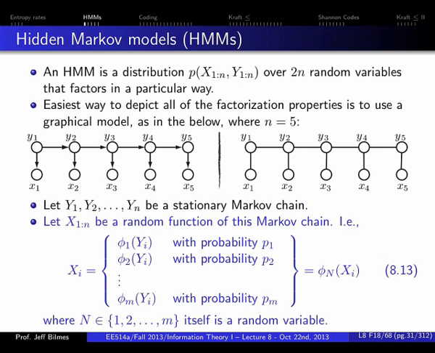Another way of looking at this is that the stochastic process x of 1 through n is a random function of this Markov chain. You can think of x of i, which is a random variable, as a doubly random function.